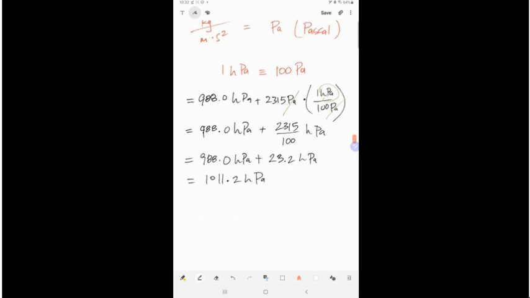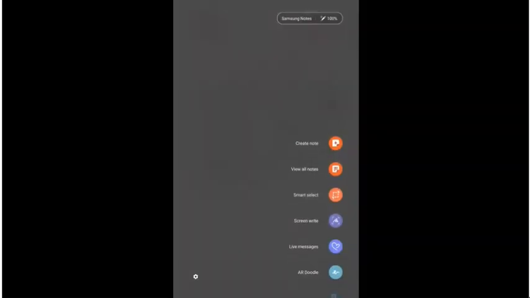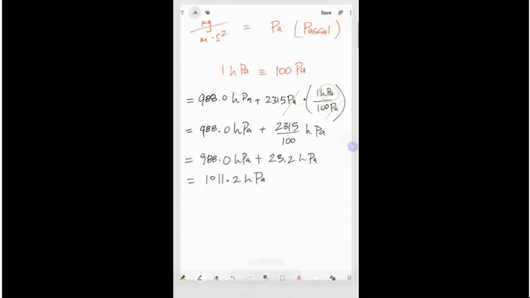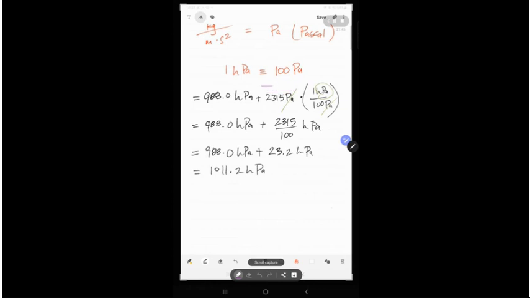Before I move on here, I do want to just point out that right here, this is the biggest mistake that people make. They forget to make the conversion between hectopascals and pascals, and obviously you can see it has huge implications here.